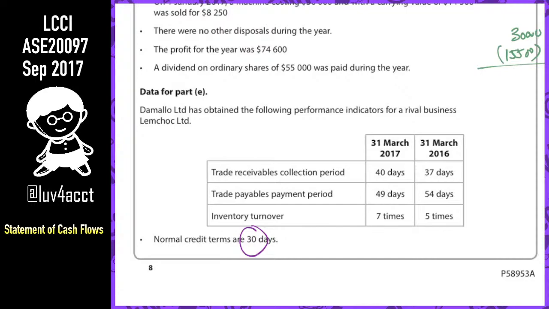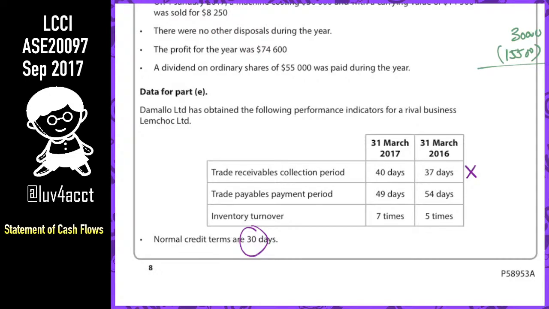Okay, trade receivables collection period last year 37, now it is 40 years. I mean days. I'm sorry, if it takes 40 years to collect your receivables, then you should be out of business already. Okay, so there is an increase. Okay, so it is worsened. Okay, it is not good. Okay, trade payables from 54 to 49.